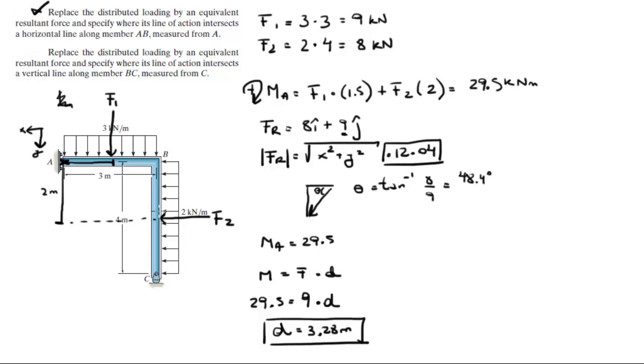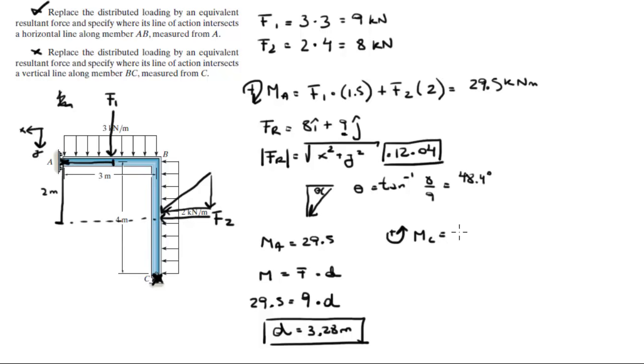Now the same thing goes for the second problem. The force is applied diagonally somewhere over here. This force has a horizontal component and a vertical component. The vertical component does no moment about C, so the first thing we need to find is the moment created about C. Let's assume counterclockwise is positive.